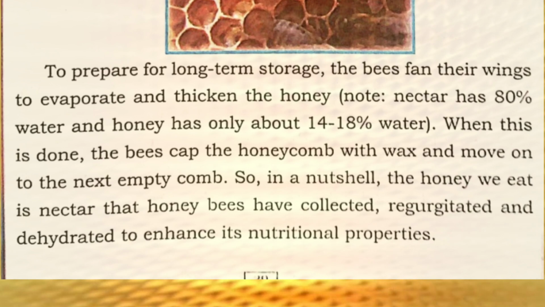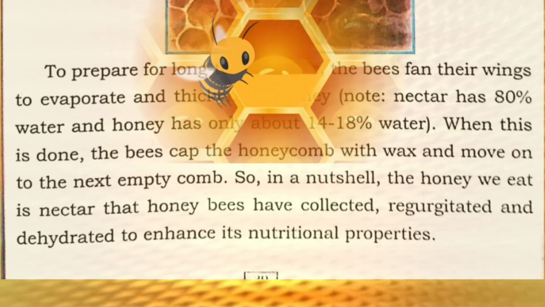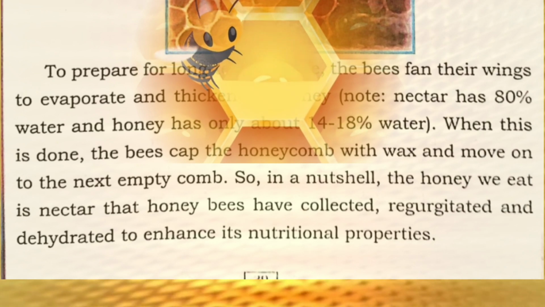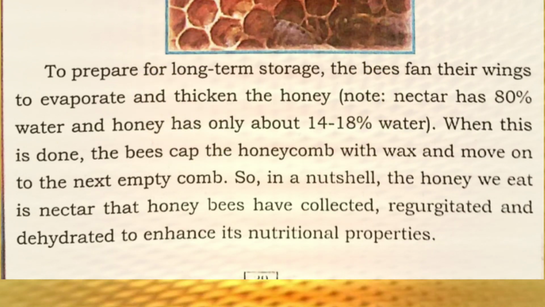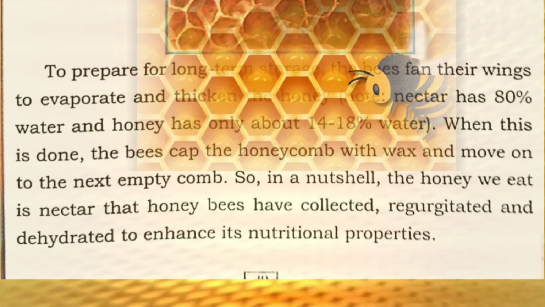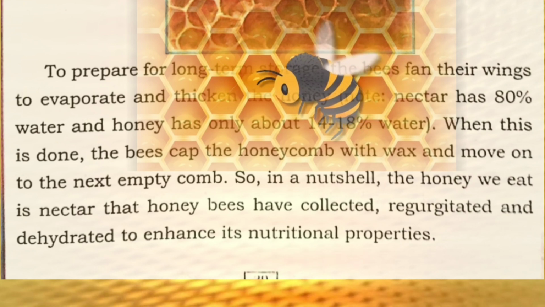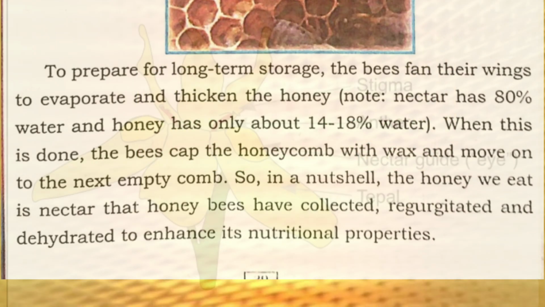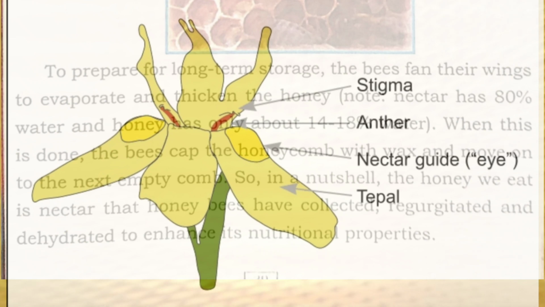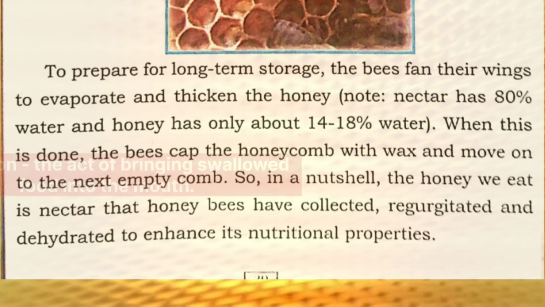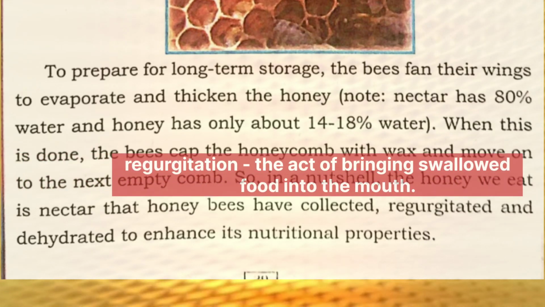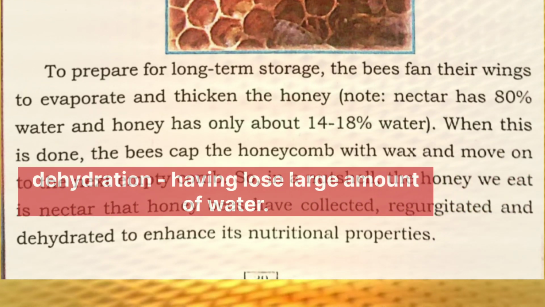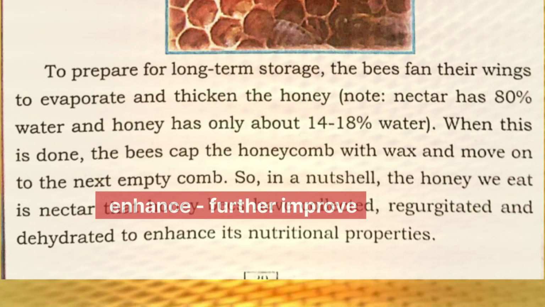When this is done, the bees cap the honeycomb with wax and move on to the next empty comb. So, in a nutshell, the honey we eat is nectar that honeybees have collected, regurgitated and dehydrated to enhance the nutritional properties.